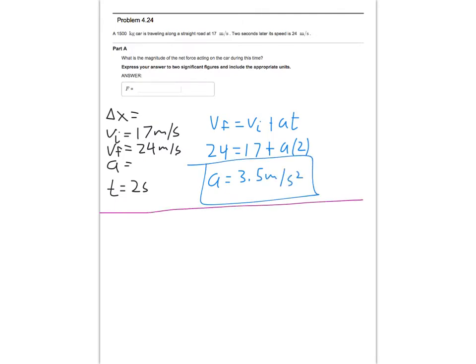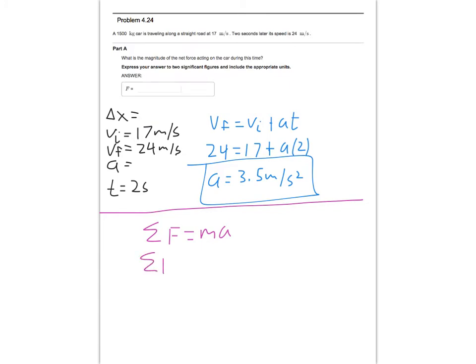Once I have that, I can get that force. It's asking for the net force. Net force is just another way of saying sum of the forces. So what I'm really solving for is that left side. What is the sum of the forces, or the overall force, or the net force? There's lots of ways of saying it, acting on this object.